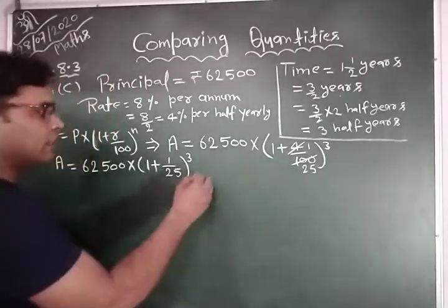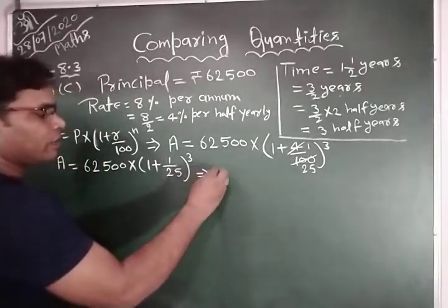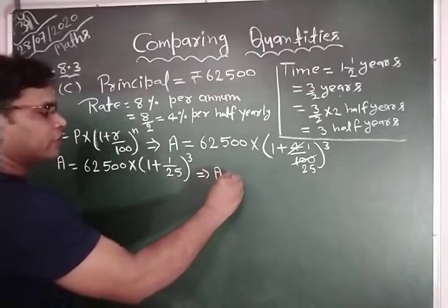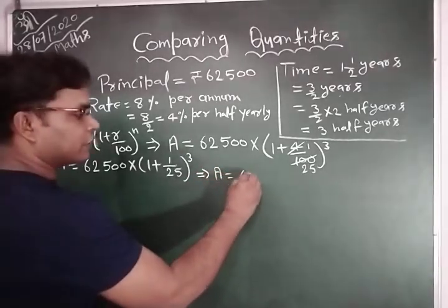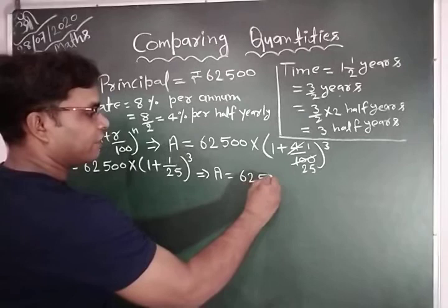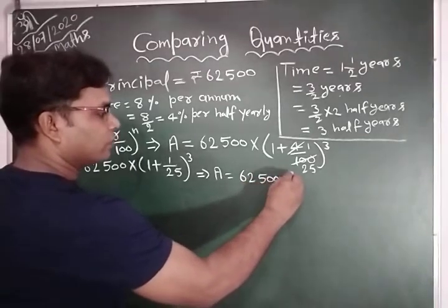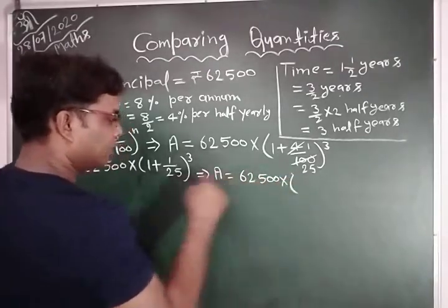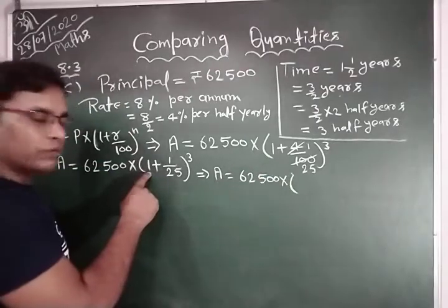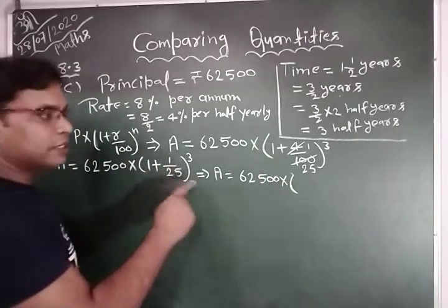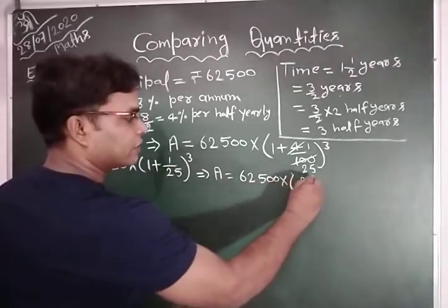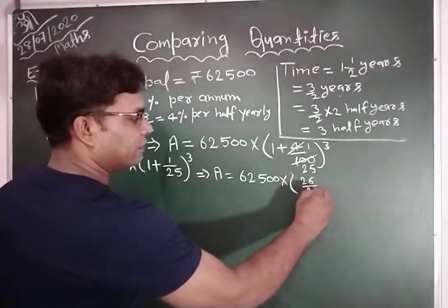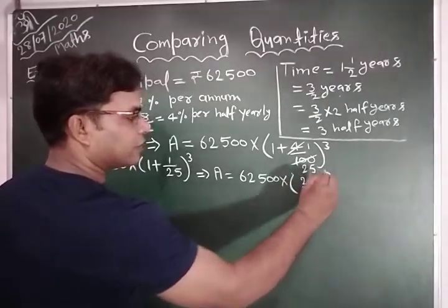So amount is equal to 62,500 into (26 by 25) to the power 3.